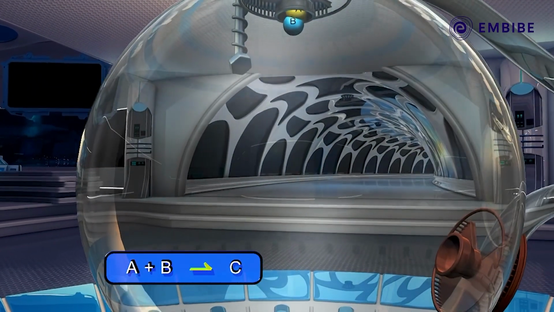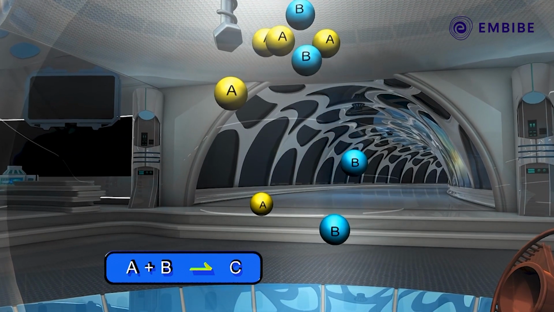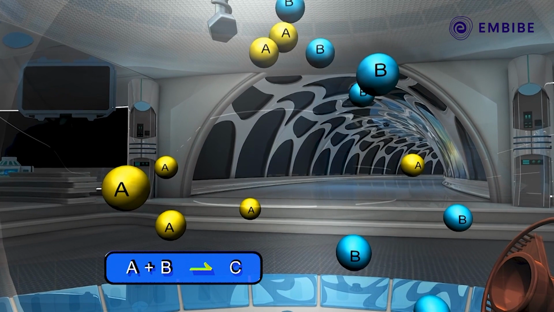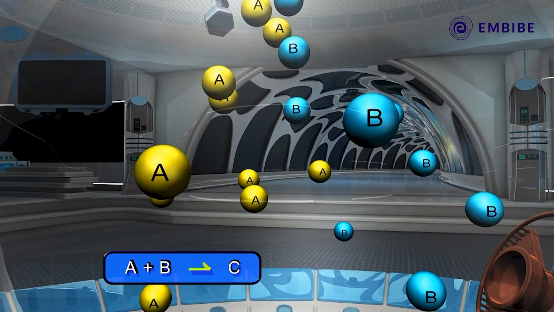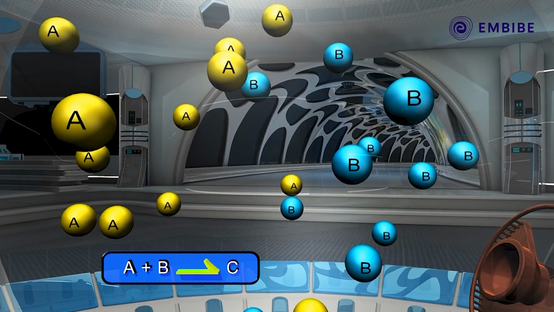Consider a hypothetical reversible chemical reaction, where A plus B gives C. Let us introduce an equal number of A and B molecules into a reaction vessel.